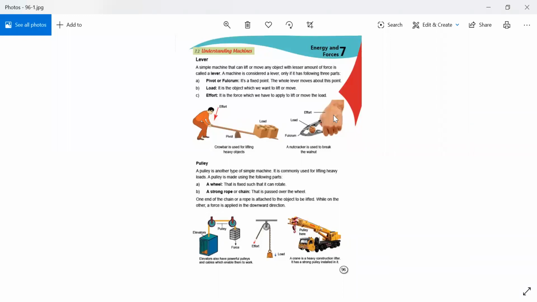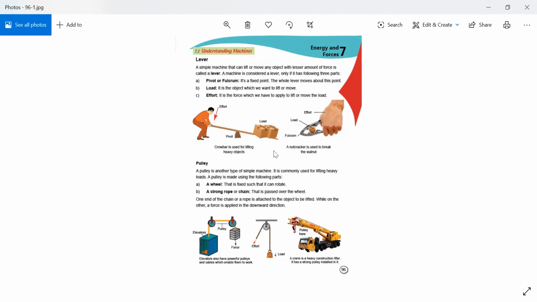When the loads are heavy and we have to take them from one place to another, we need a pulley. And it has two parts, which are the wheel and a strong rope or chain.